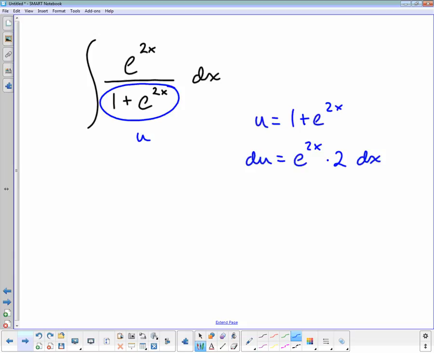And as soon as I throw in a 2, that will be my du. Okay, I have to give it a 2, which means I have to put a 1/2 out in front. Okay? So I plug in a 2, and I put a 1/2 out in front.